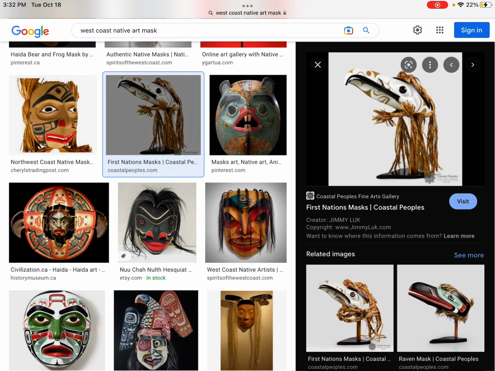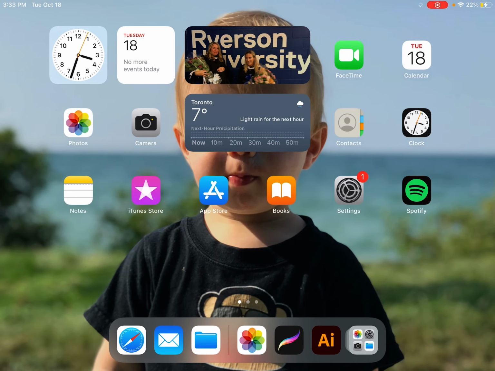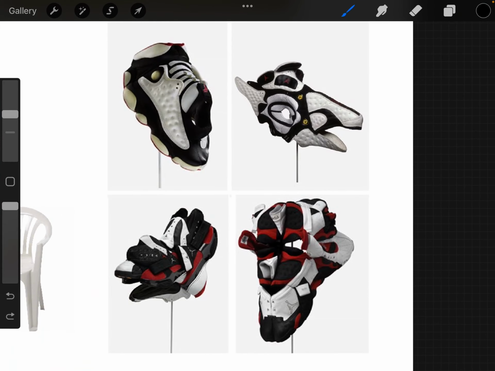Now, what this artist has done is he has combined West Coast native art together with shoes, right? So he is doing an old culture, like the masks, and he's combining that with the contemporary culture of sneakers, right? So both of those, in essence, have to do with tribal society, right?